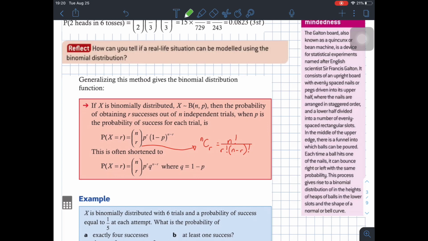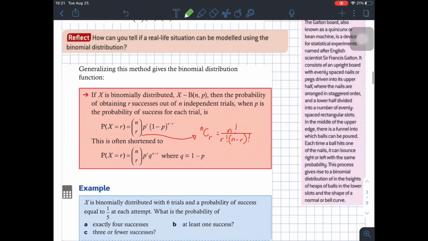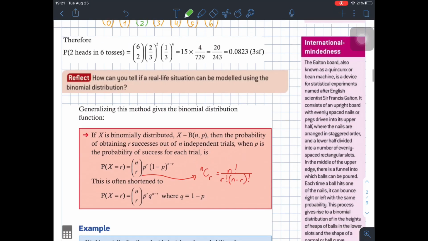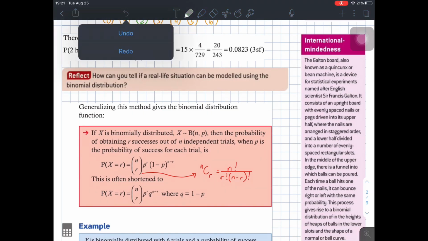It says, if x is binomially distributed, and this is the symbology, this means that the variable x is binomially distributed with n trials and a probability of success of p, then the probability of obtaining r successes out of n independent trials, when p is the probability of success of each trial, is given by this formula, okay?